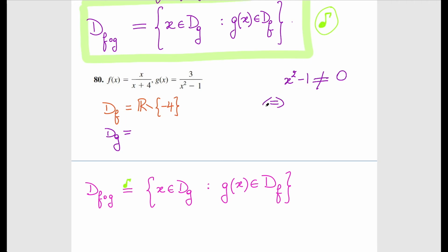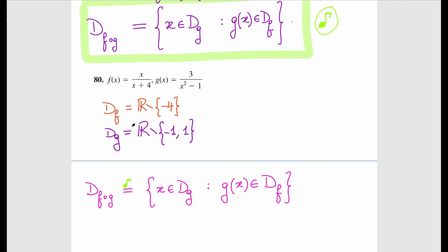This happens precisely when x is plus or minus 1, right? If you don't want this to be 0, you don't need x to be 1 and you don't need x to be -1. So these are the two numbers that I need to throw away from the domain of G. So the domain of G is all real numbers except -1 and 1. Agree with this? Let's erase this part.